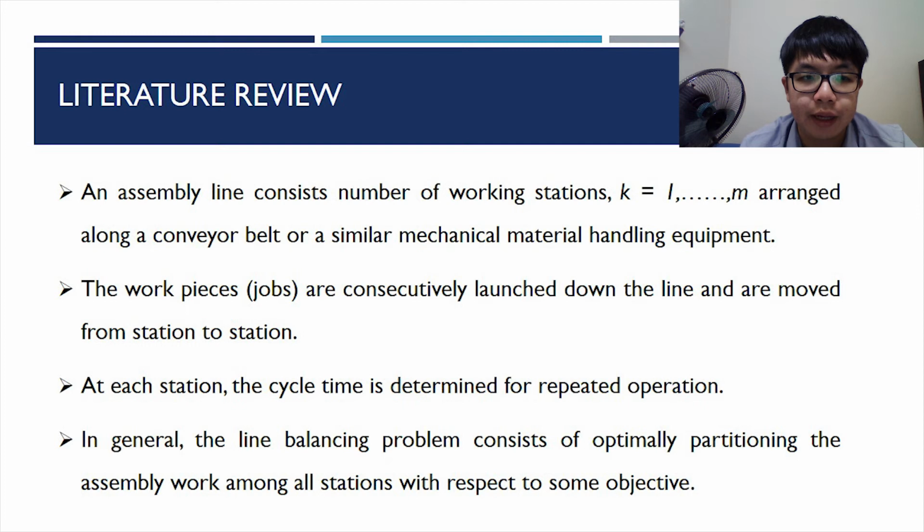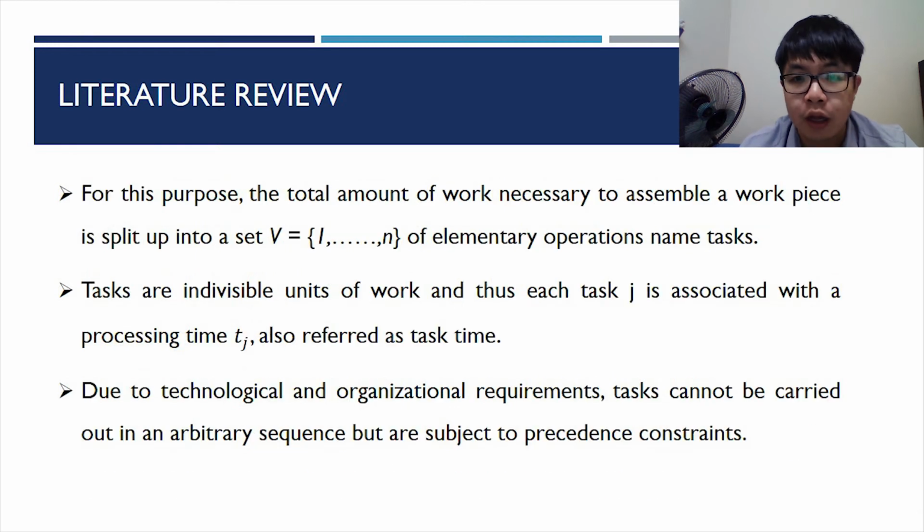In general, the line balancing problem consists of partitioning the assembly work among all stations with respect to some objective. For this purpose, the total amount of work necessary to assemble a workpiece is split up into a set V equal to 1 up to n, represented by the symbol n, of elementary operations named tasks.